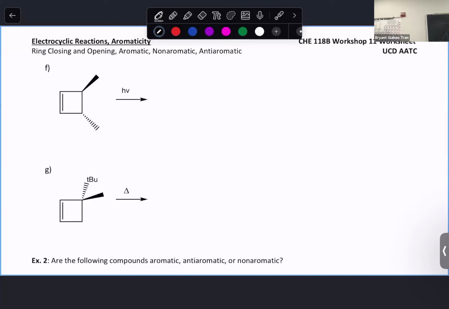Wait, that goes up, you follow the pattern. One goes to the left side, one goes to the right side of this. Opposite. Clockwise.